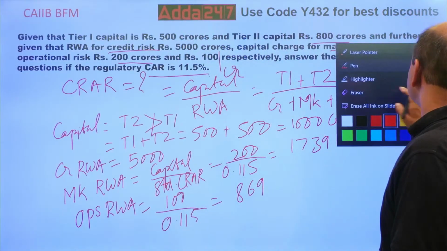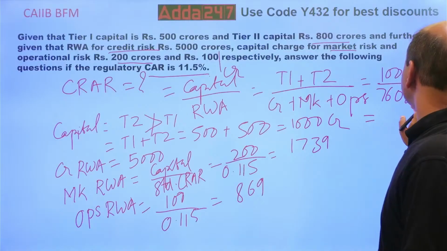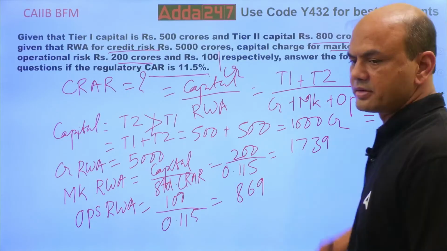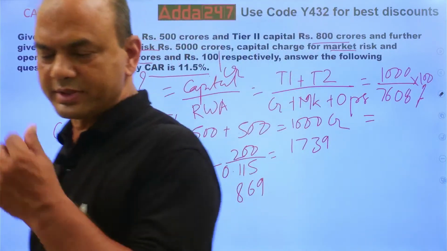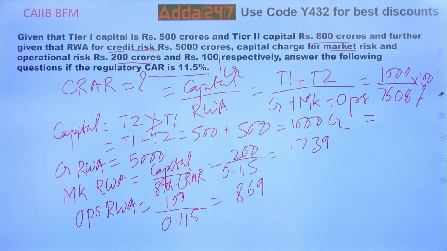So 1000 upon 7608. Get this answer, everyone. What are you getting?